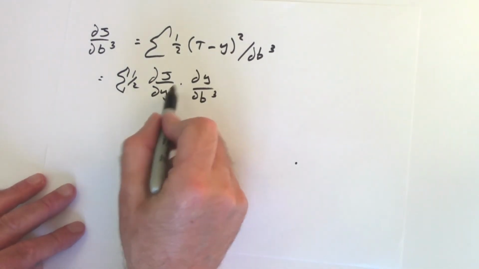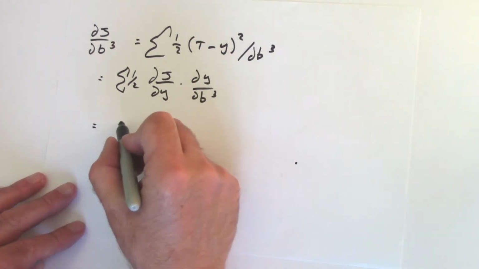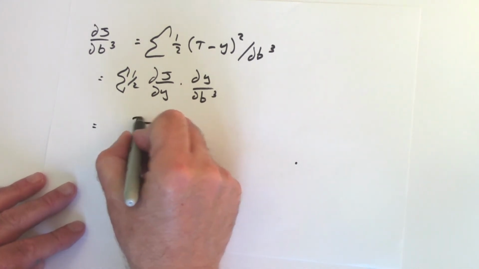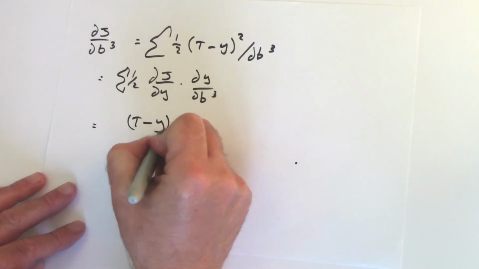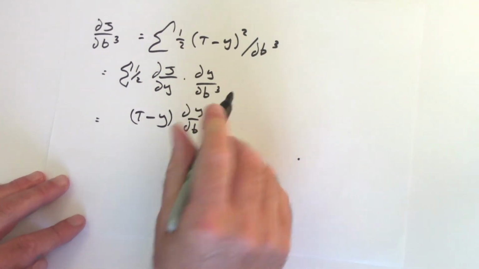And dJ by dy is effectively the outside bit, which, if you drop the summation sign, becomes t minus y, and that leaves dy by db3.